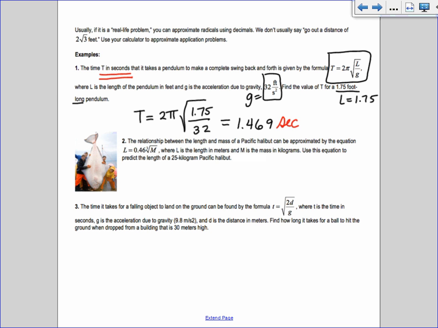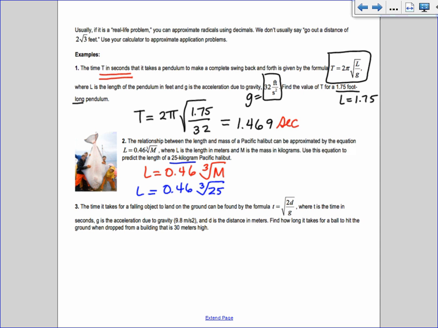Okay, so it says the relationship between the length and mass is given by this equation. So I have L equals 0.46 cube root of m. M is the mass. You were told at the end to predict the length of a 25 kilogram Pacific halibut. So I'm going to plug that in for my m. So 0.46 cube root of 25.